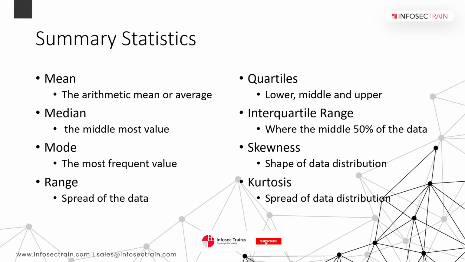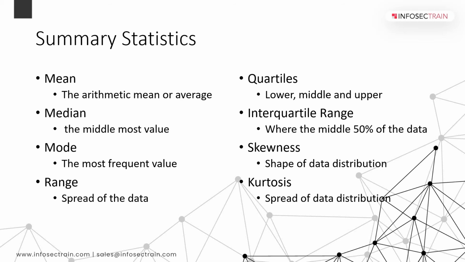Next, in a box plot we use these quantities: lower quartile, middle quartile and upper quartile. The lower quartile, Q1, is the value that covers 25% of the data, from the minimum value in your data up to the Q1 value.